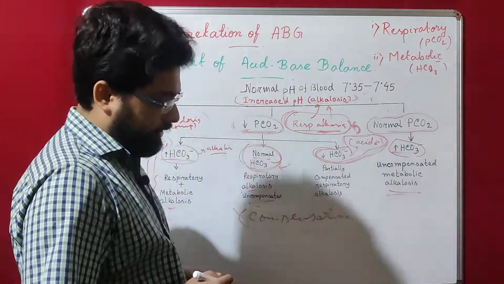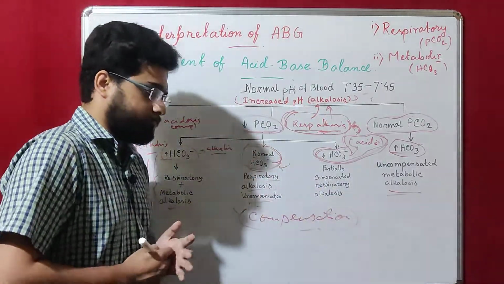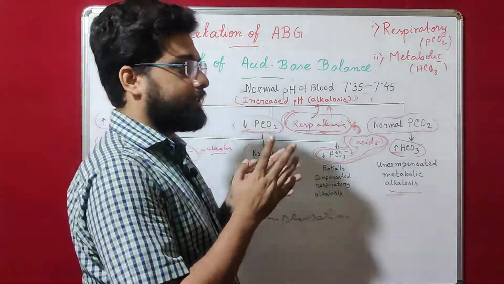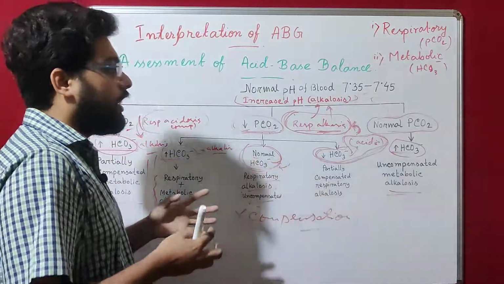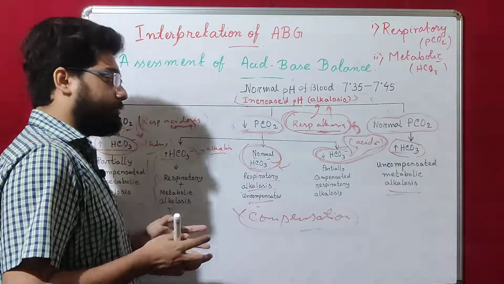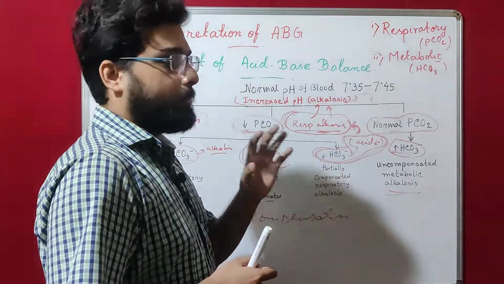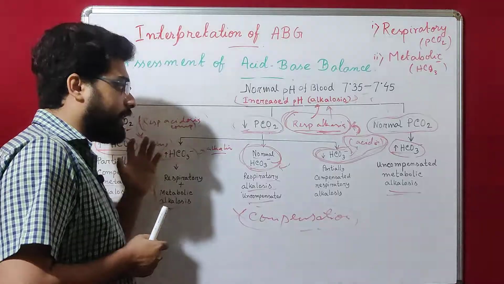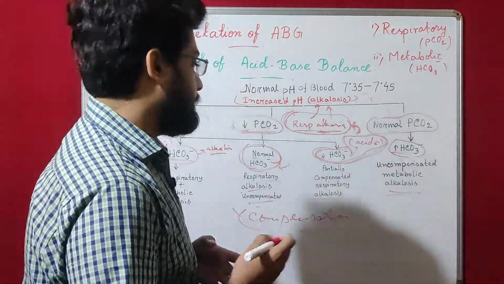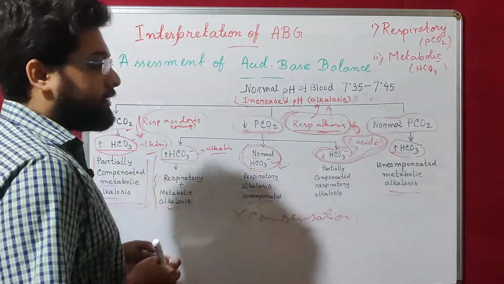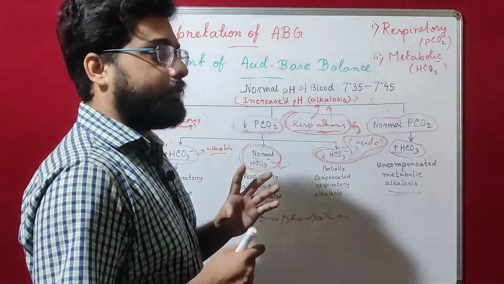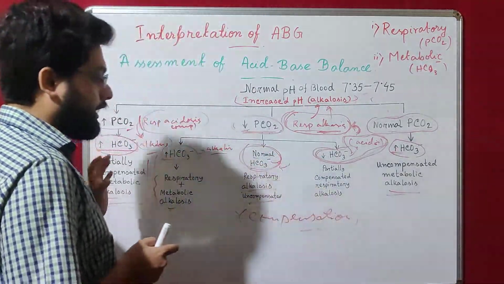This compensatory mechanism can only be seen in a critically ill patient, in an ICU setup, where the patient is ventilator dependent or critically ill for a long time, so the body gets the time to develop the compensatory mechanism. In cardiopulmonary bypass, during open heart surgery, the body does not get sufficient time to develop those compensatory mechanisms.